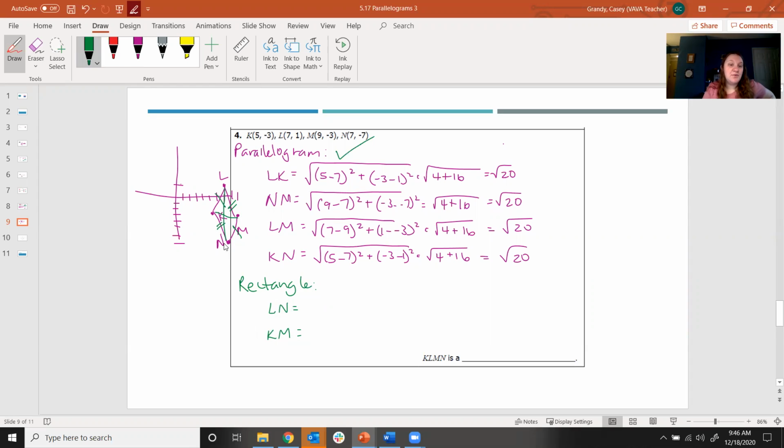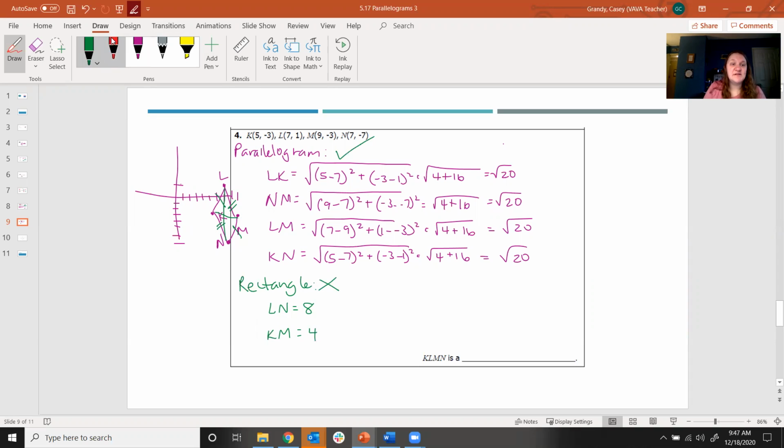So you could just count the blocks, or if you didn't graph it pretty and you want to use the distance formula, you are welcome to do that also. But if you count the blocks for LN, you would get 8. Or if you used the distance formula, you'd get like the square root of 64 and still get 8. And for KM, you would get 4. So you could just count the blocks or use the distance formula. My diagonals are not congruent, so this is not a rectangle.